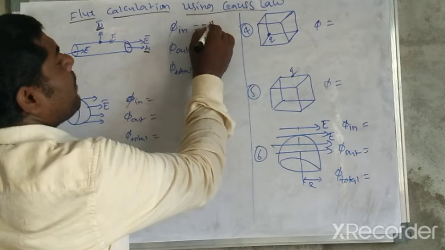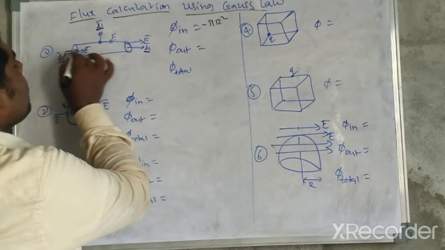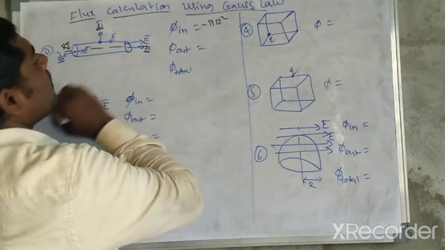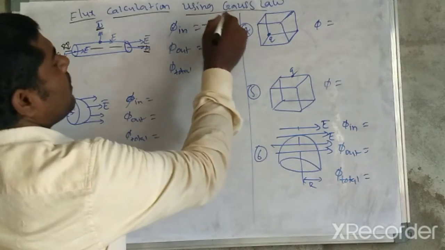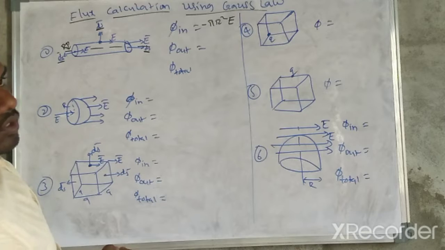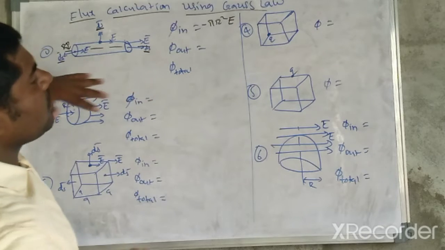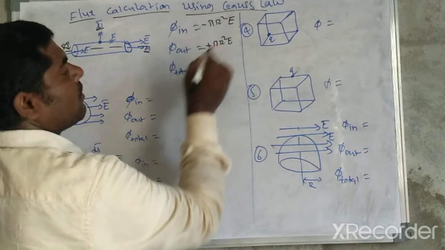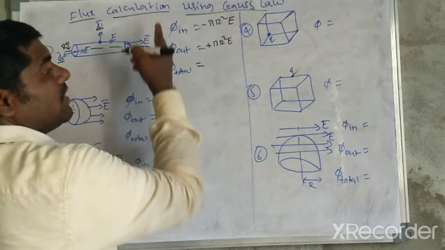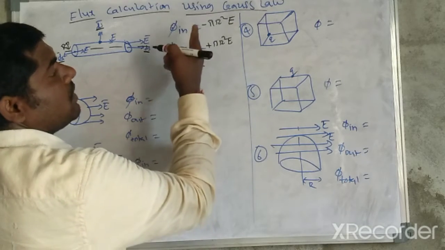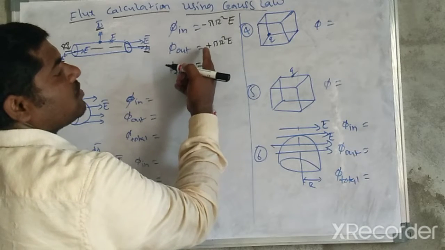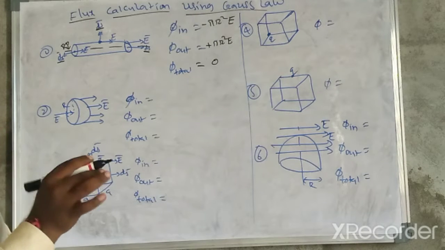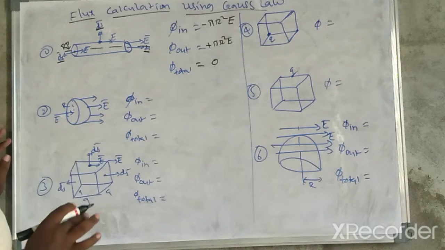The area is pi r square, where I consider the radius as capital R. So the flux is minus pi R square E. Similarly, for the electric field coming out, the direction is positive, and the flux is positive, pi R square E. The total is inside plus outside, minus pi R square E plus pi R square E, which cancel. The total flux is 0.